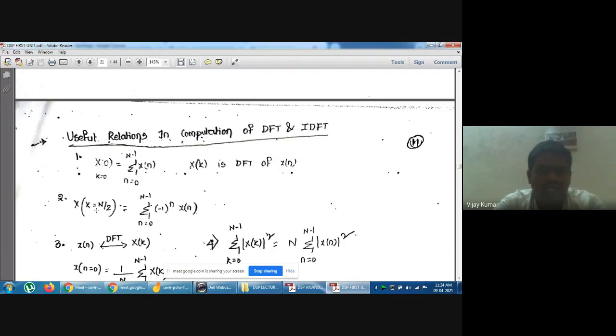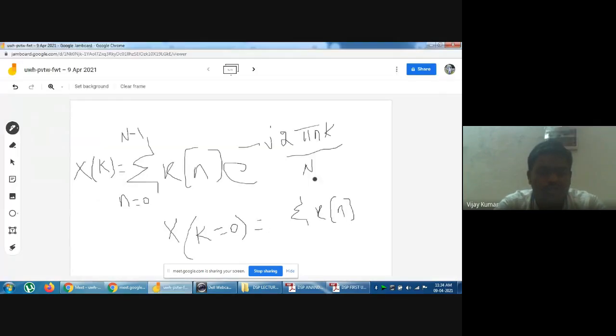Similarly, when k equal to n by 2, what happens here? N cancels out. So 2 cancels out. So now your formula will be e power minus j pi n k. What is the value of e power minus j pi n?